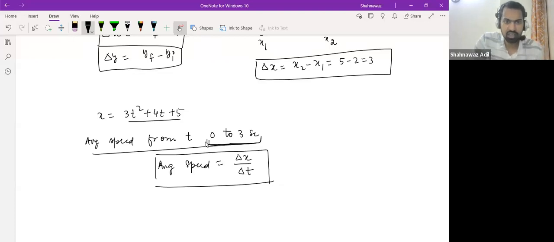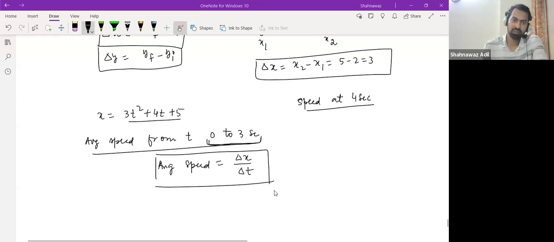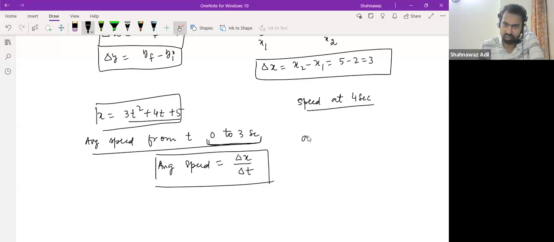If they had asked, let's say, what is the speed at 4 seconds, then we can use the instantaneous speed. I'm talking about the x. You are saying that can we use dx by dt?